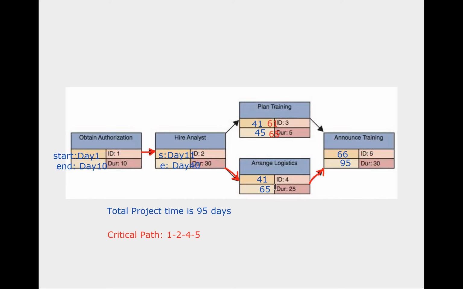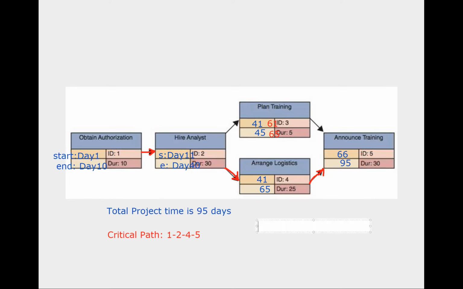How many days can you delay? It's 20 days, right? So you can compare the two, even if here it will take 25 days, this is 5 days. So the maximum possible delay that you can have is 20 days. So this is known as slack time.